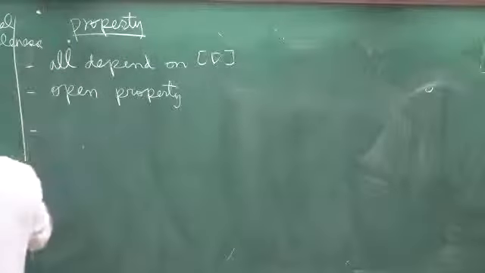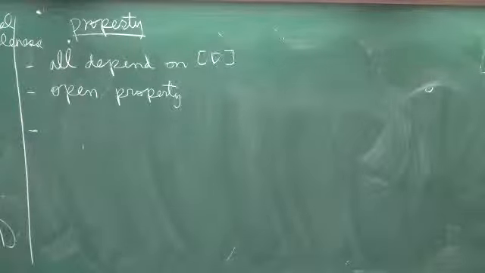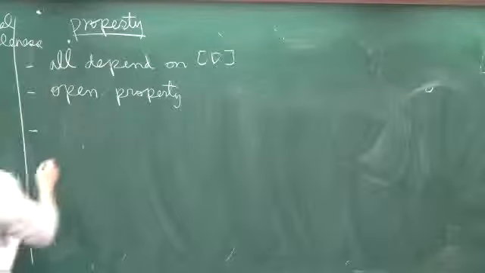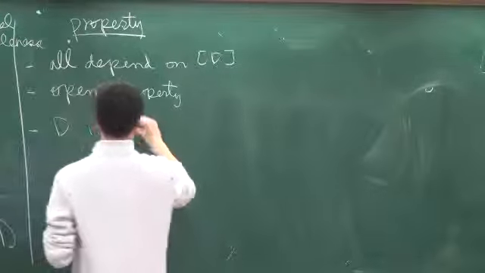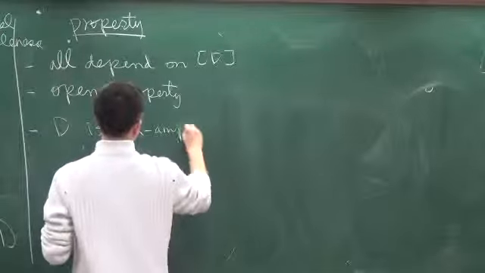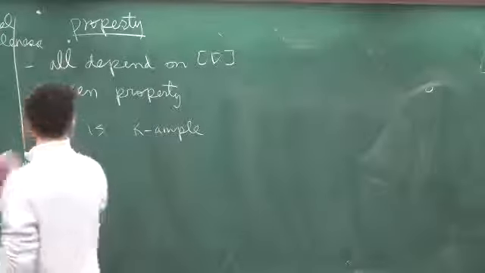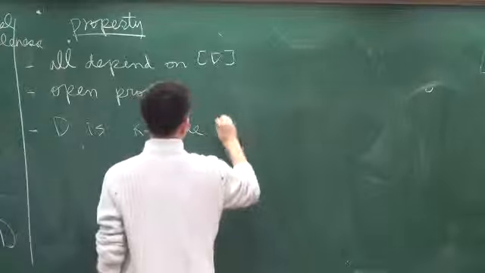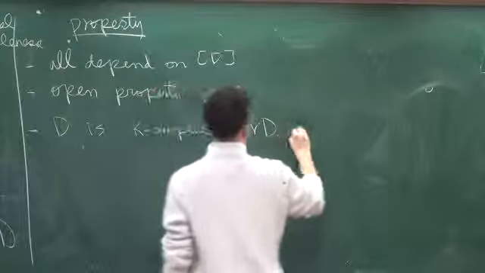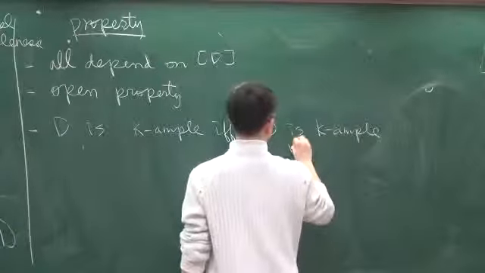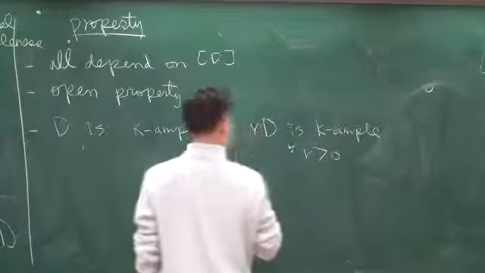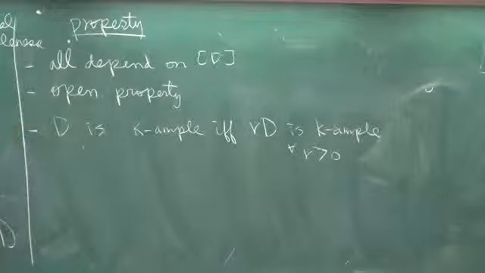And if D is K ample, in any of these senses, then rD is also K ample for any r greater than 0.